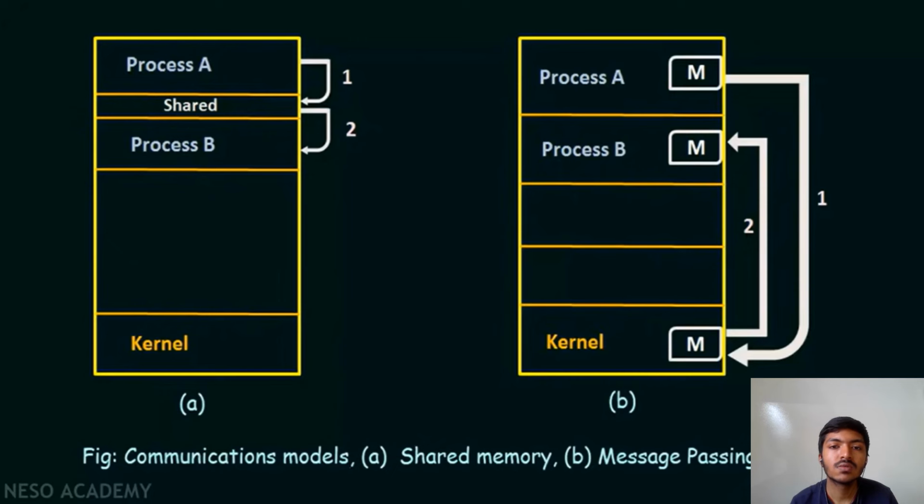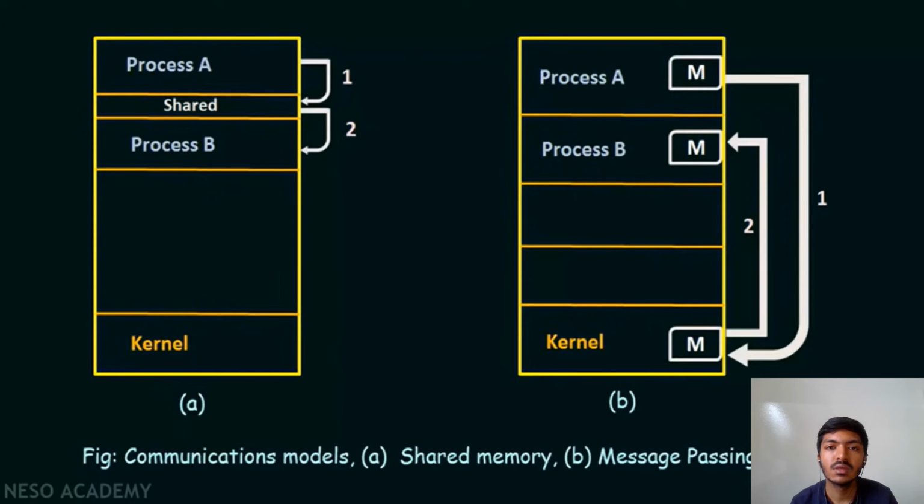Now the next one that we have is figure B, the message passing communication model. In the same way, here we have two processes, process A and process B, which are trying to communicate with each other. And here there is a difference. We have a kernel, and this M stands for messages. So when process A wants to communicate with process B, it will send a message to process B. How will it send a message? It will create the message, and the message will go to the kernel.